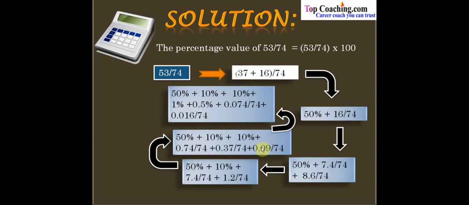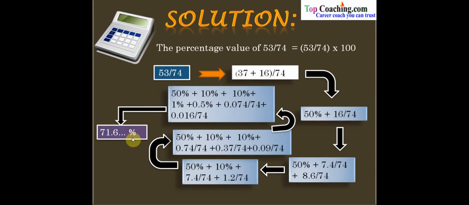And again we can write 0.09 as 0.074 plus 0.016 by 74. This becomes 50 plus 10 plus 10, that is 70, plus 1, 71, plus 0.5, 71.5, plus again 0.1. So this overall percent would be 71.6%.